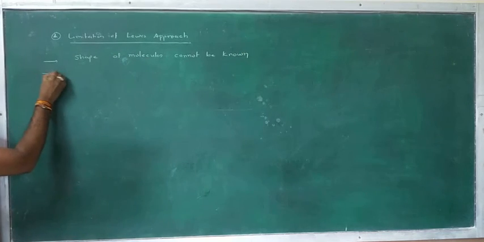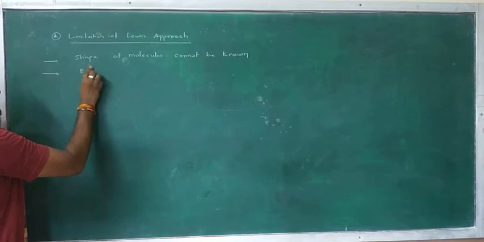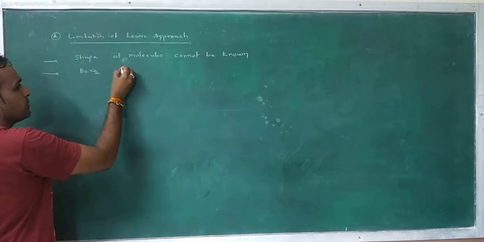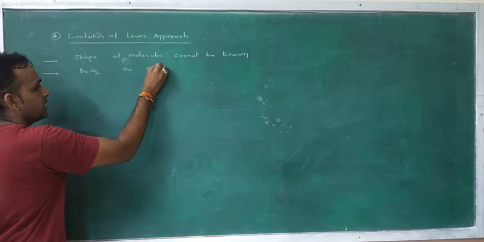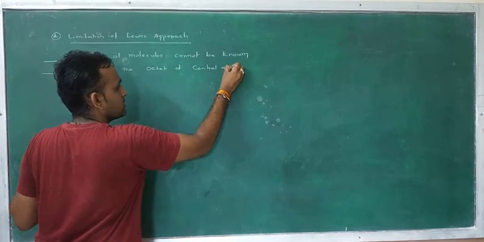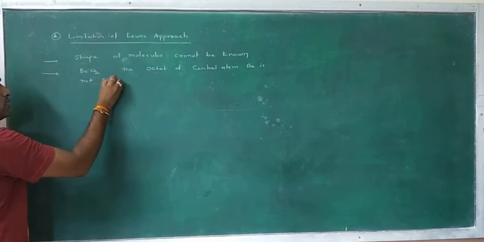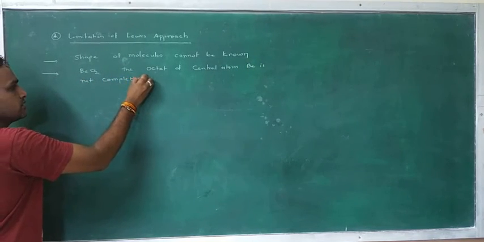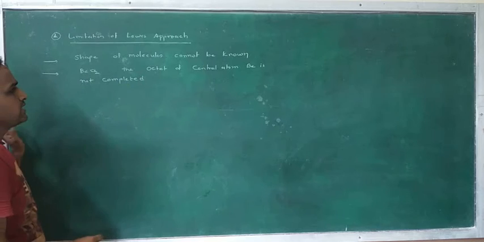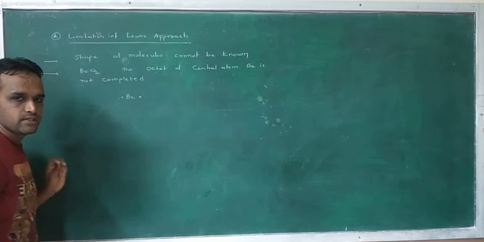Understand? Next, if we take BeCl2, the octet of the central Be atom is not completed. For example, beryllium is the central atom. Here in the outermost orbit only 2 electrons are there.